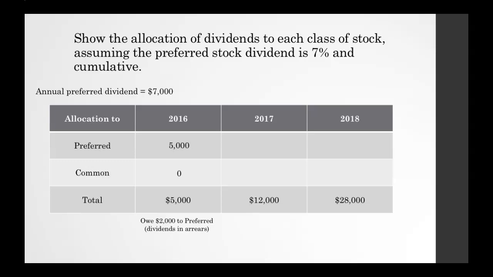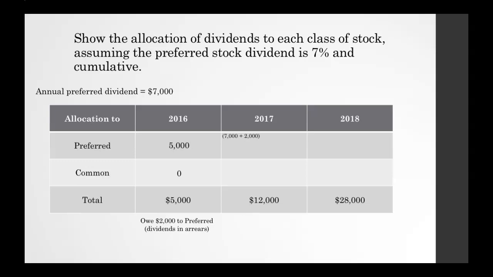So then 2017 rolls around, and we're doing better as a company, and we declare a $12,000 cash dividend. So how much are preferred supposed to get? Well, they're supposed to get $7,000 every year, right? So we'll remember that. But then we also owed them $2,000 from the previous year.